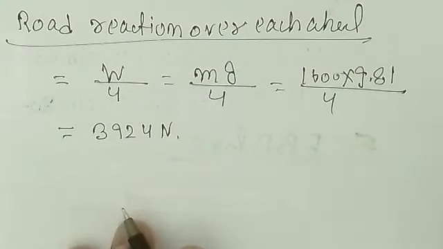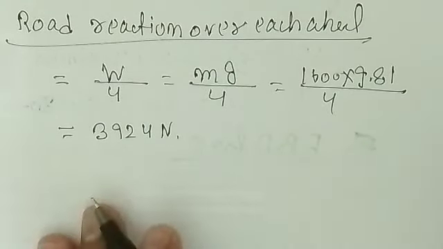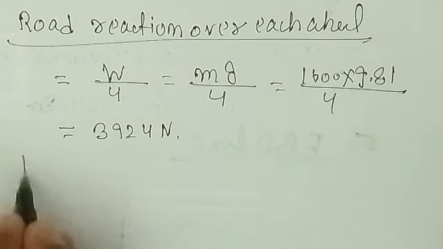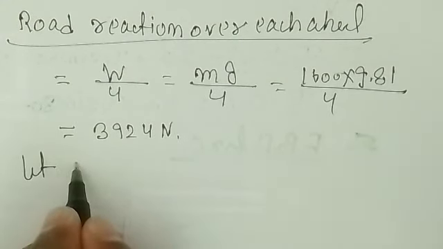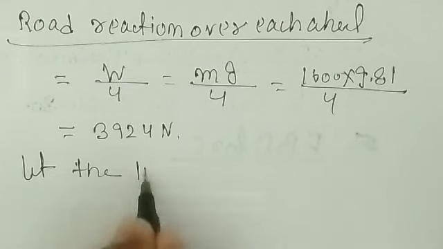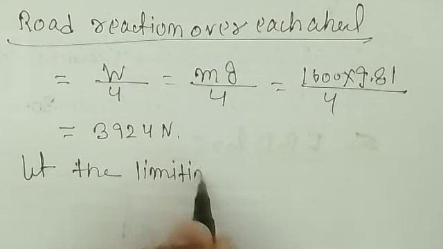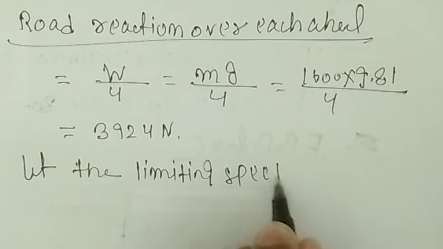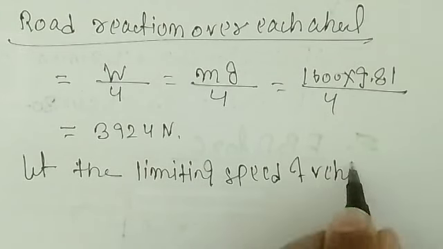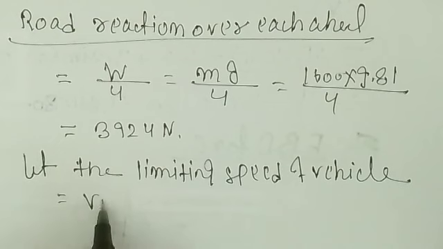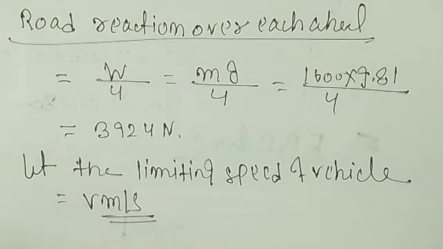Then we will find the gyroscopic couple. Let the limiting speed of the vehicle be V meter per second. That velocity we have considered.